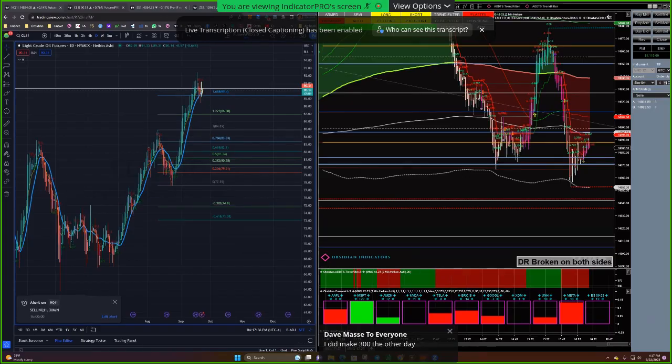Mostly NQ. Most of us do deal with NQ. Dave Massey with the $300 the other day. Good. Anybody else? So most of us do NQ. How many of you do ES? Primarily ES, I do. I started doing NQ when I joined Obsidian, but I'm more comfortable with ES.